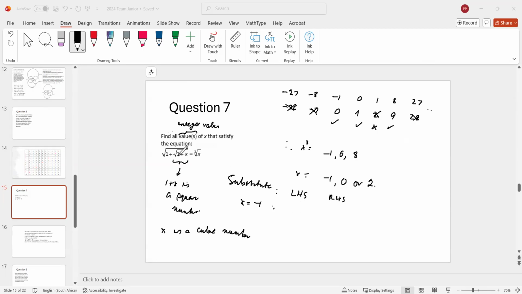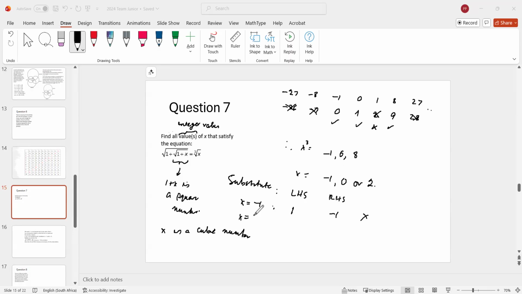The left-hand side becomes 1 minus 1 is 0, 1 plus 0 is 1, the square root of 1 is 1. So the left-hand side is 1. And when x is minus 1, the cube root of this is minus 1. So this is not a solution. Although it looks as if it's a solution, it's not.